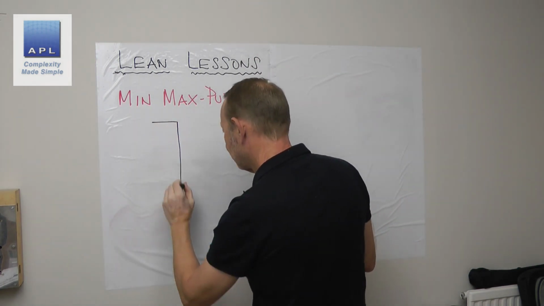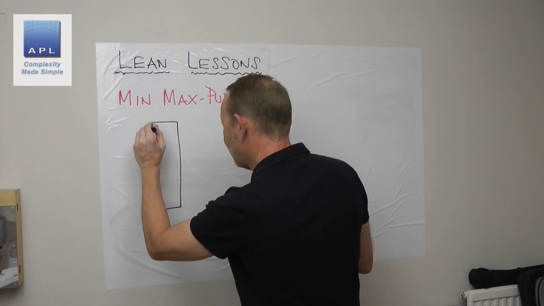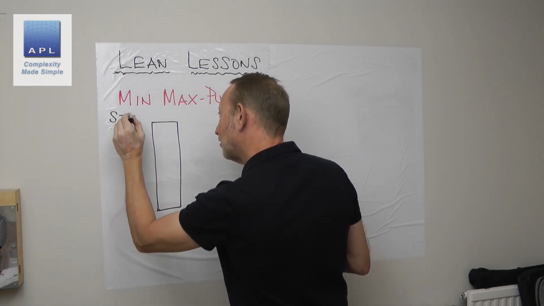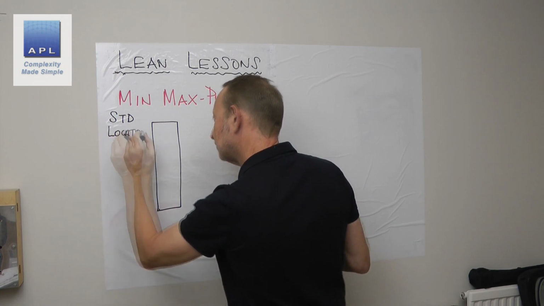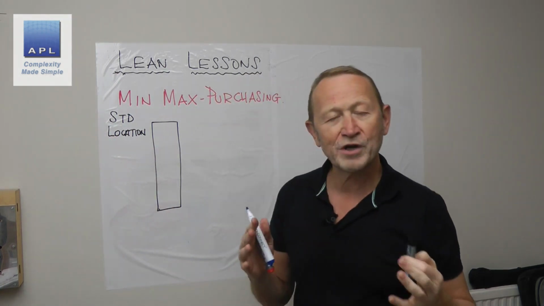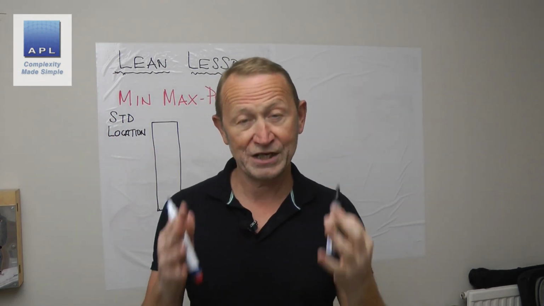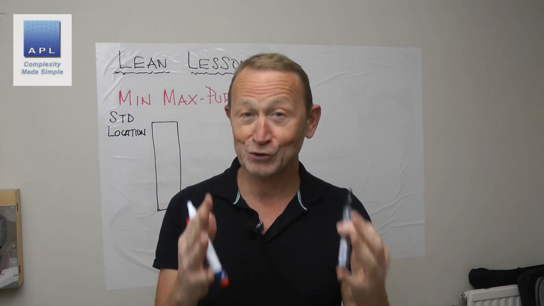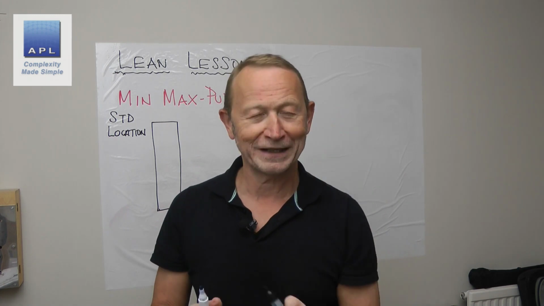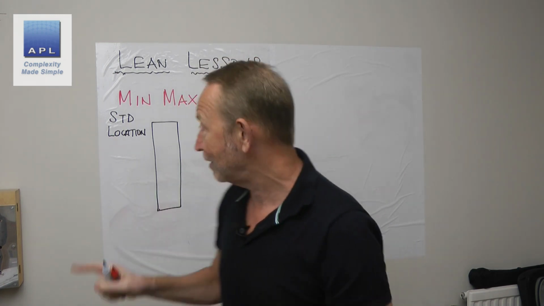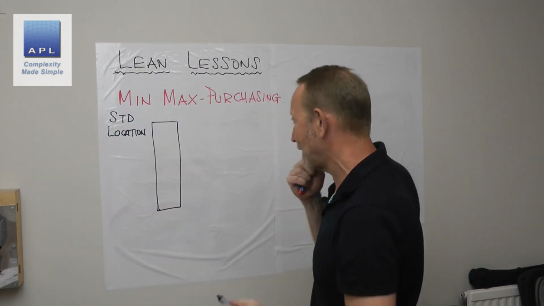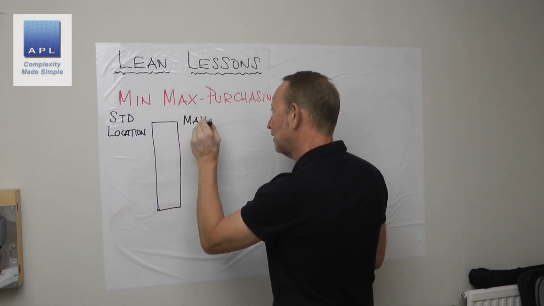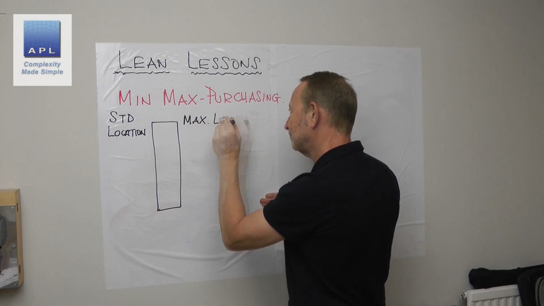So the min-max system, of course, works like this. You create in the warehouse a standard location. So the location in the warehouse is fixed. There is no random storage. That will be a Lean lesson for later. So we have a standard location. It will have a maximum level.